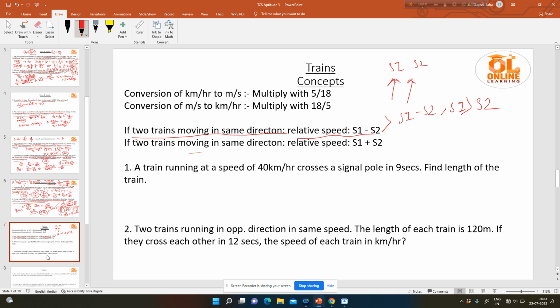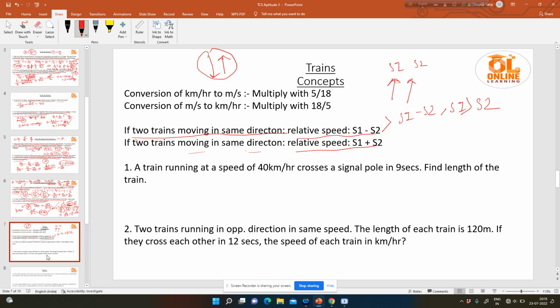And if two trains are moving in different directions, the first train moving here and the second moving there, both the speeds get added because they are moving in opposite directions, so the relative speed is s1 plus s2. You will come to know more about this when we solve the questions.